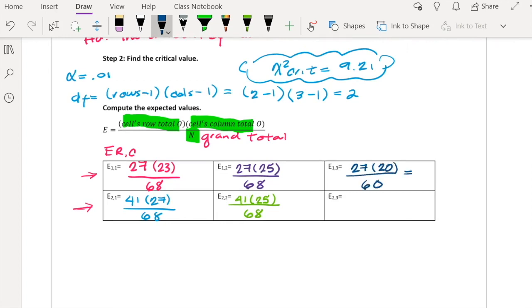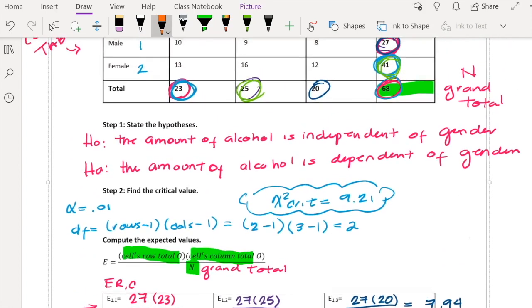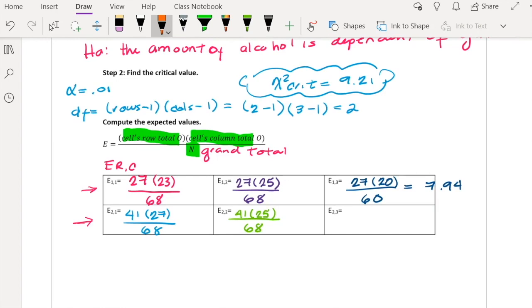When I calculate that, I should have been calculating this a while ago, 7.94. Row 2, column 3: 41 times 20 over 68. I just realized this should be an 8. When I calculate that, it is 12.06.